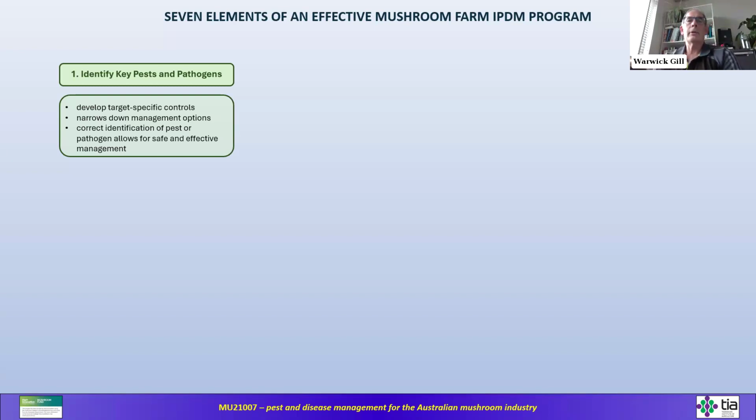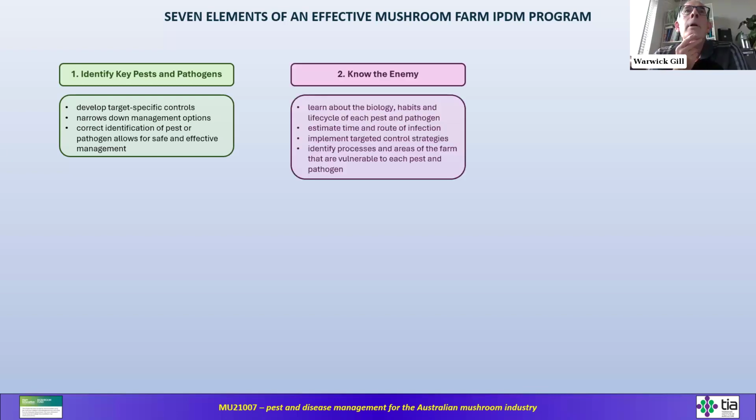And of course, knowing what we have to deal with, we can actually choose the correct biological product and not necessarily resorting to the highly toxic chemicals all the time. So we need to know the enemy.